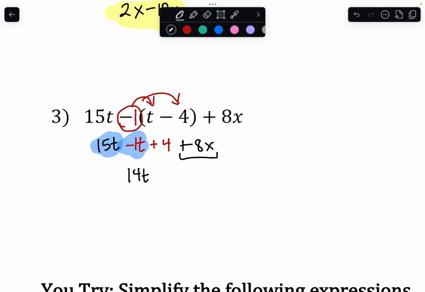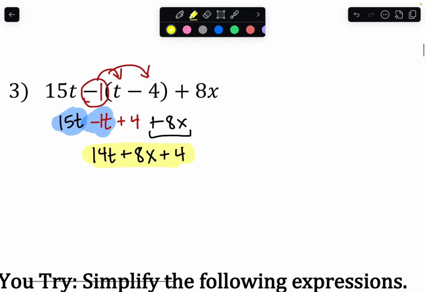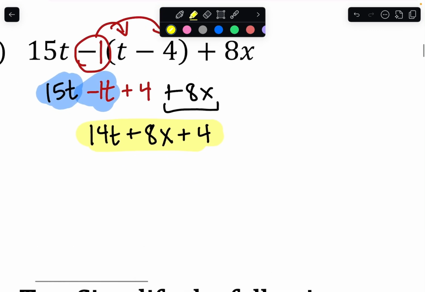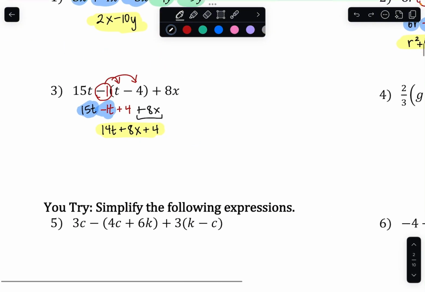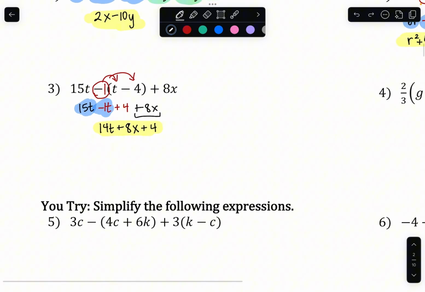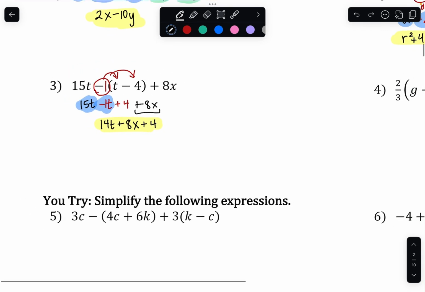Okay, so x would come after t because we're going in alphabetical order, and then we're going to put the constant at the end. And so our final answer would be 14t plus 8x plus 4. And honestly, I wouldn't count it wrong if you had the t second and the x first, as long as you don't combine them. And recognize on a multiple choice test that those are the same answer in either order.